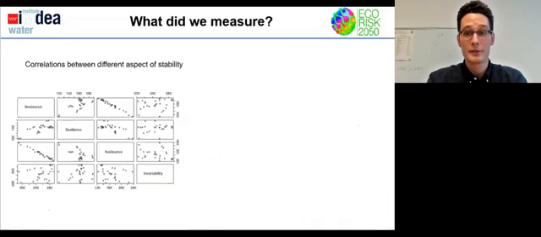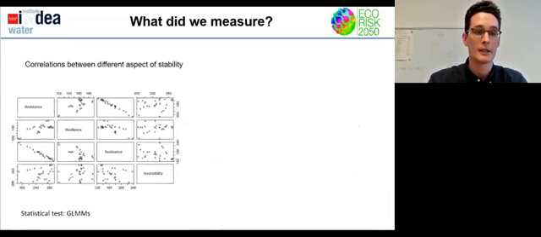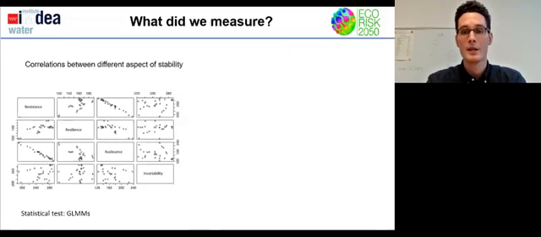Then, to test whether the treatments affect the correlations between different stability properties, we first calculated correlation coefficients for each pair of stability properties within each treatment. We did that at the community and at the population level. And we used, again, generalized linear mixed models to test for significant effects of the treatment.